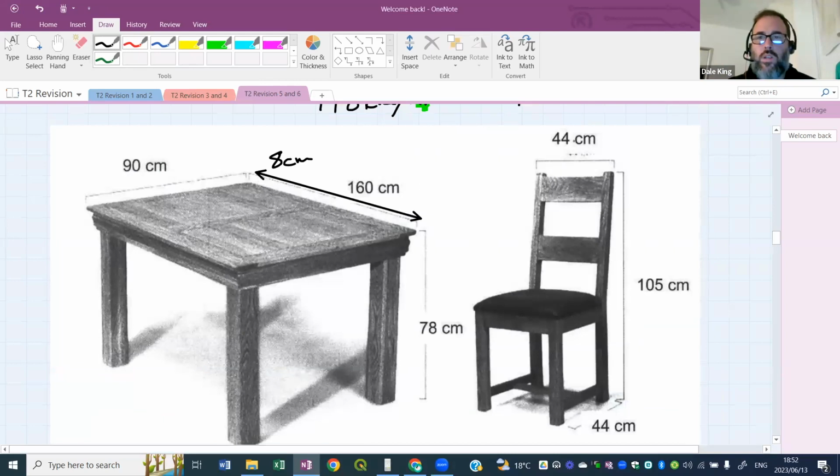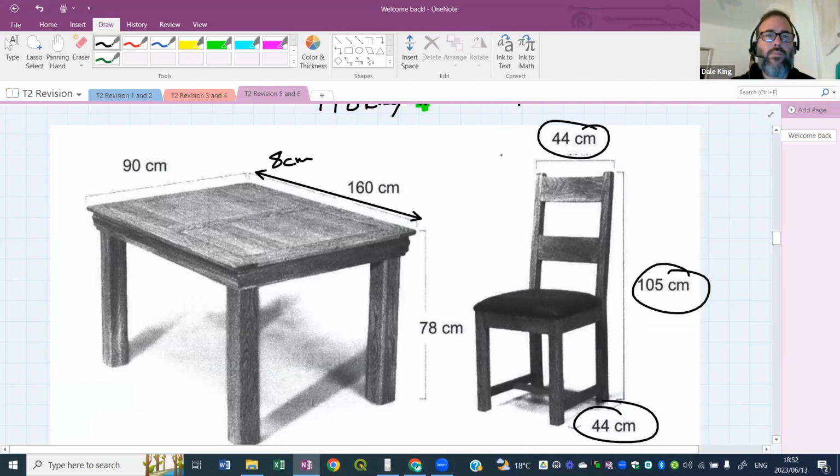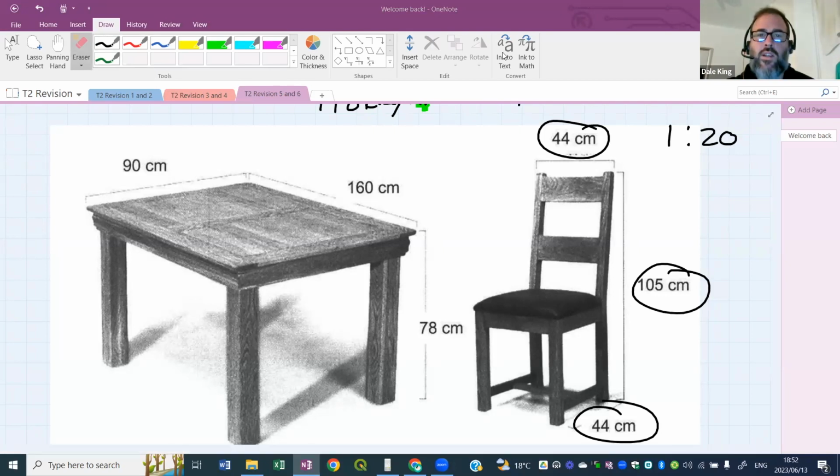Okay. So who can tell me what are we going to do to all of these three numbers here? What are we going to do? Our scale is 1:20. What are we going to do, ladies and gentlemen? You tell me. All right, Janie's got an idea that she must divide.